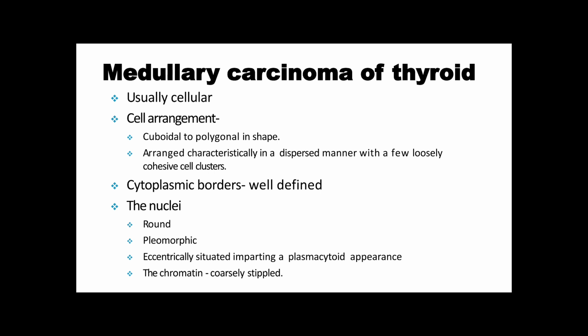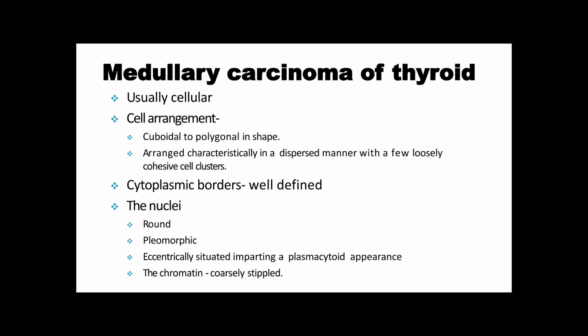The smears are usually cellular. In the classical form, the cells are cuboidal to polygonal in shape. The cells are arranged characteristically in a dispersed manner with a few loosely cohesive cell clusters.